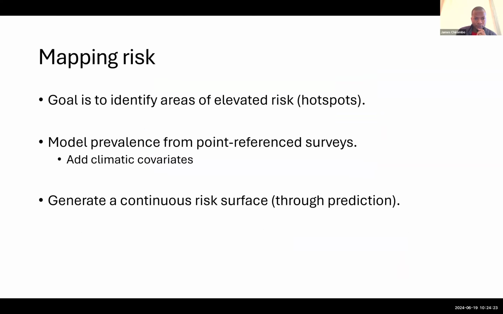Yeah, then quickly going to an example of malaria. The goal here was to identify areas of elevated risk or hotspots.